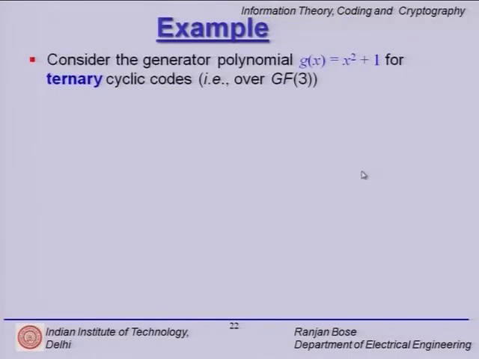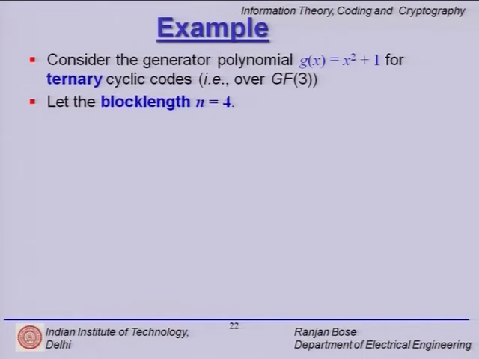So, let us look at a quick example. Consider a generator polynomial g of x equal to x squared plus 1 for a ternary cyclic code over GF(3). So, first thing that we need to verify is whether this g of x is indeed a factor of x raised to n minus 1 over GF(3), but for that I need to know the block length n is equal to 4.